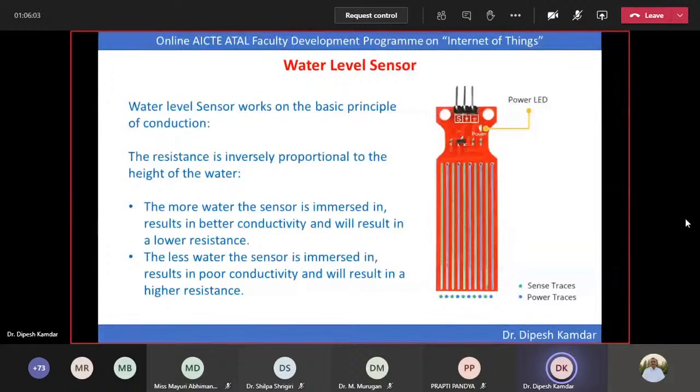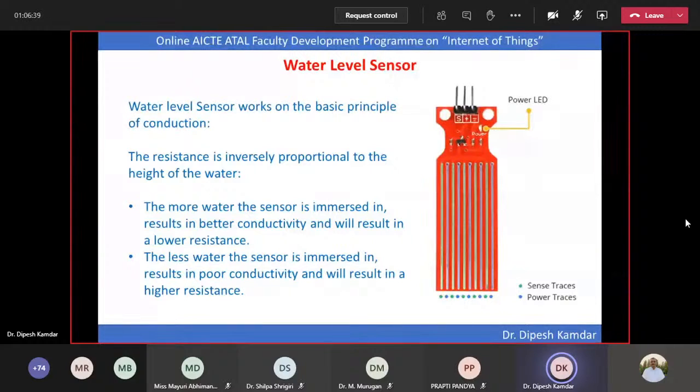Similarly, we have the water level sensor. In the water level sensor, these are strip lines where sensor traces and power lines are there. When water is on the lines, it becomes conducting between the two lines. Power lines are connected with the sensor lines, and we can sense how much conductivity there is.